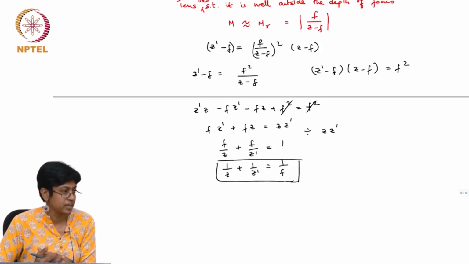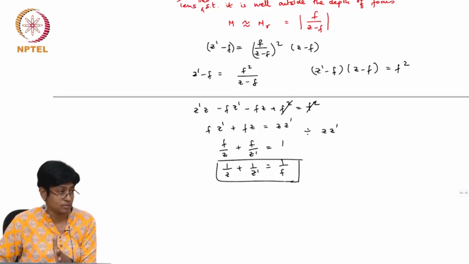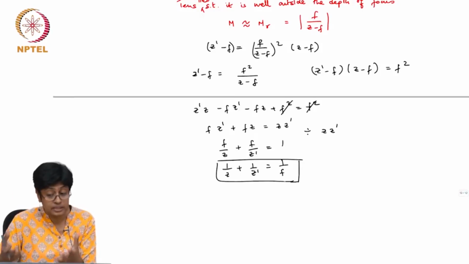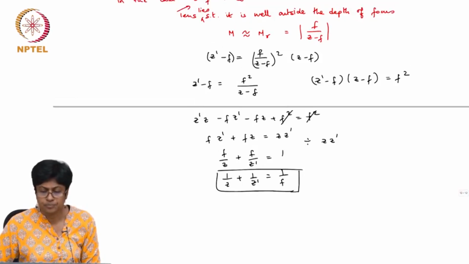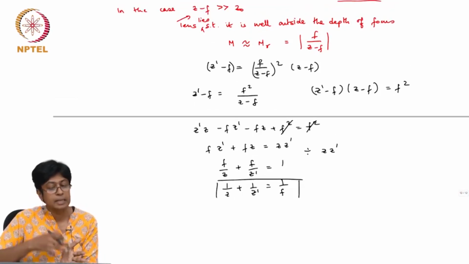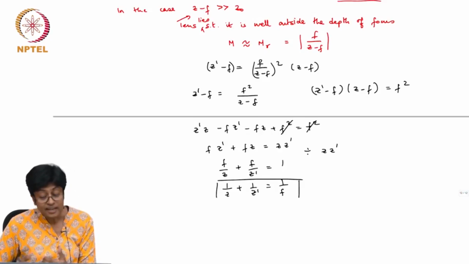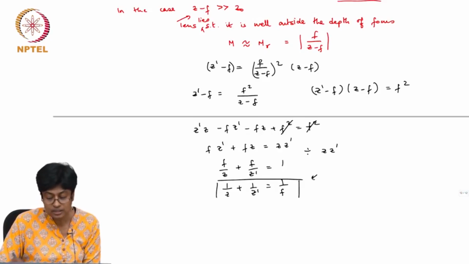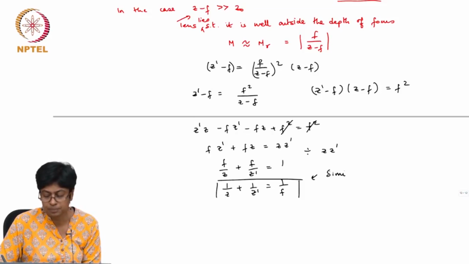It becomes more spherical in nature, right? So in that zone, you are saying the condition that we set, Z minus F very much greater than Z naught. In that case, this condition is satisfied, and this is similar to the ray optics condition, the ray optics imaging equation.